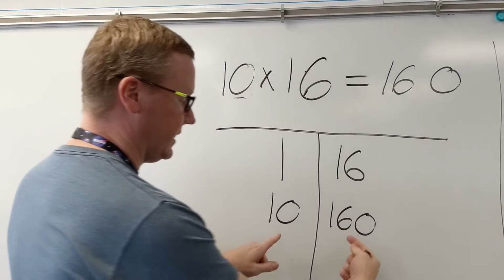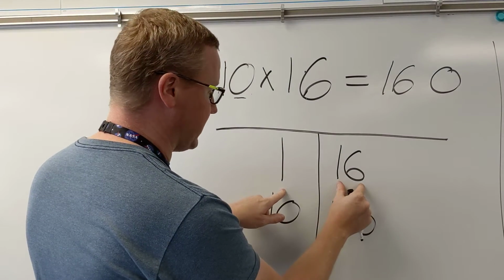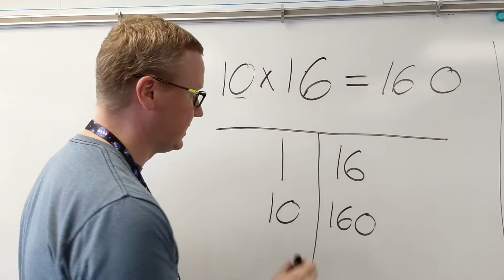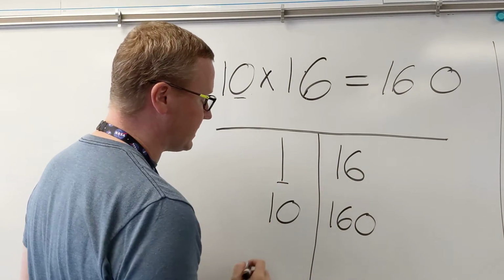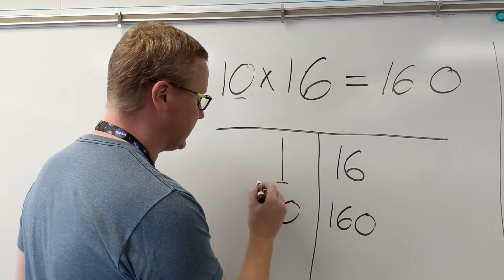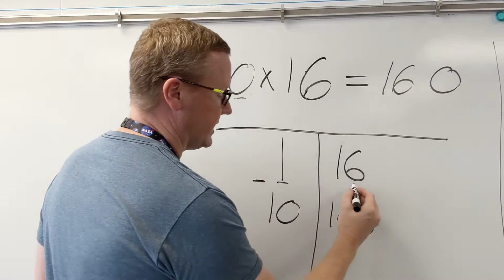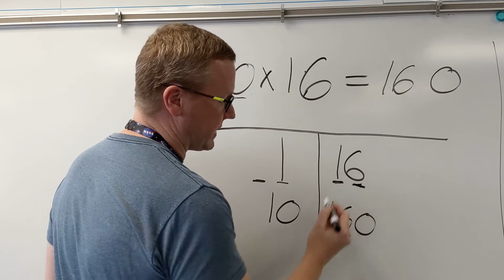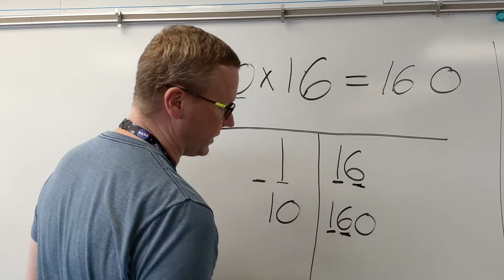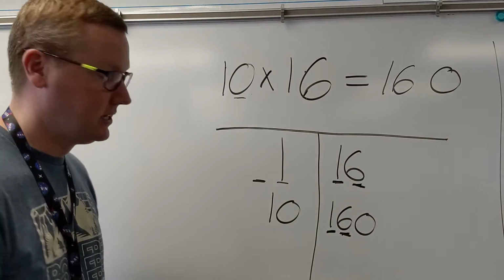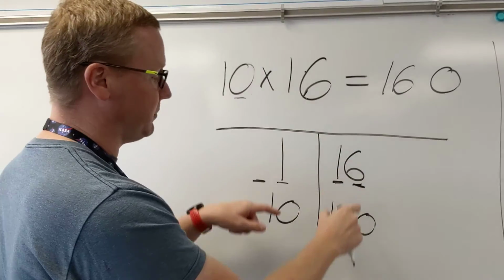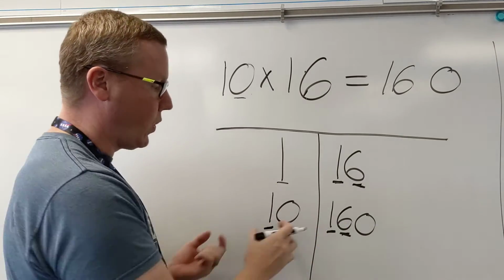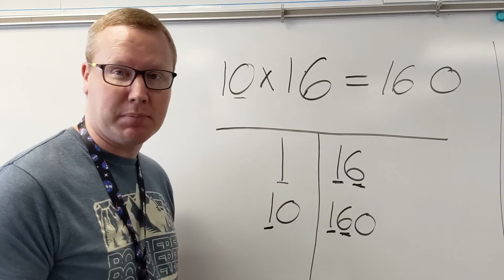What really happened is we moved these two numbers over one way in our place values. This went from being in the 1 spot and it moved over to the 10 spot. This went from being in the 1s and moved into the 10s. This went from being in the 10s and moved over to the 100s. So both these numbers, when you multiply by 10, they all shift over one place value. They get bigger one place value.